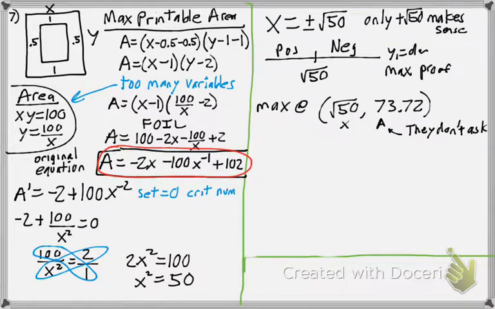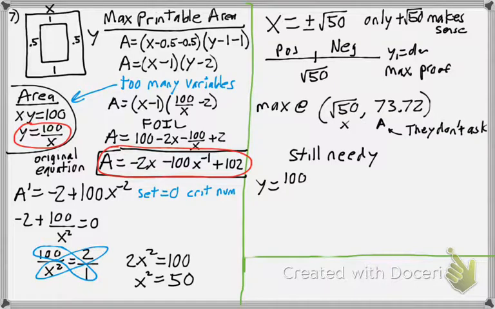So I still need y, because I have x, because they want the entire page. I still need y. So I'm going to go over to where I defined what y is, and I can plug in the square root of 50.